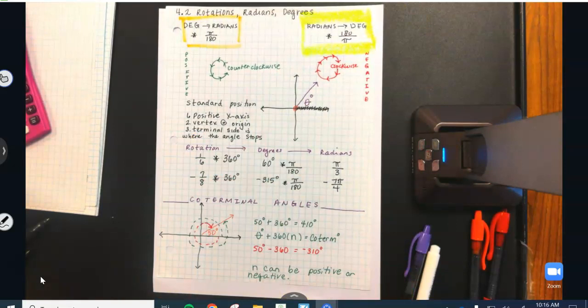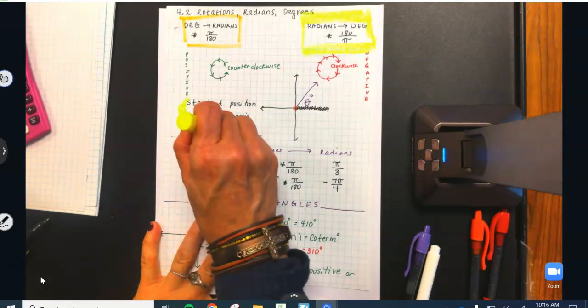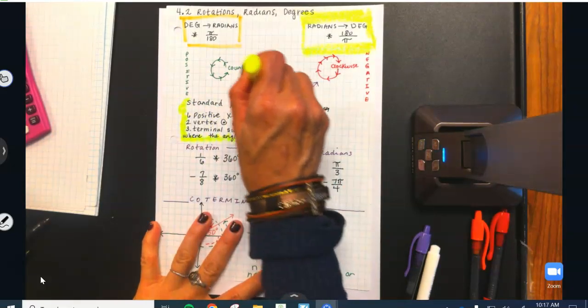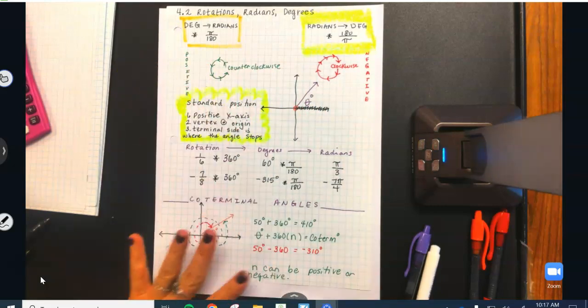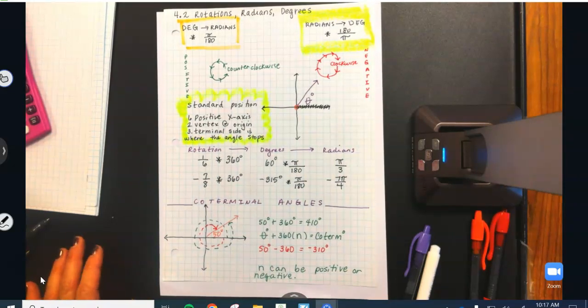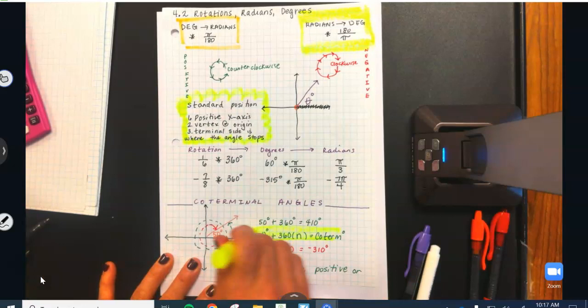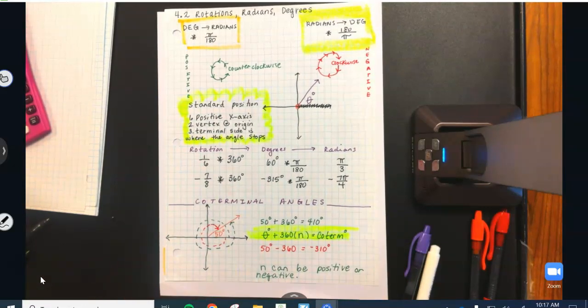I'm not really a vocab person, but you are certainly going to have to know what standard position is. And yes, I am going to ask you, here's an angle. What's a positive coterminal angle? What's a negative coterminal angle? And I am not giving you this, so make sure you have that memorized also.